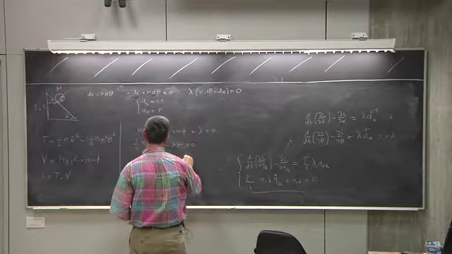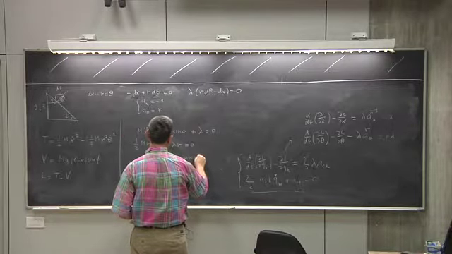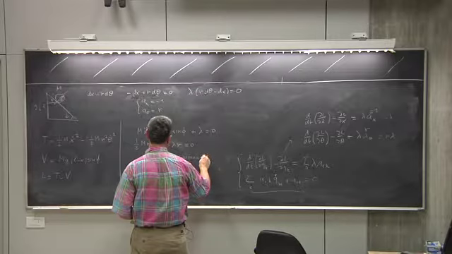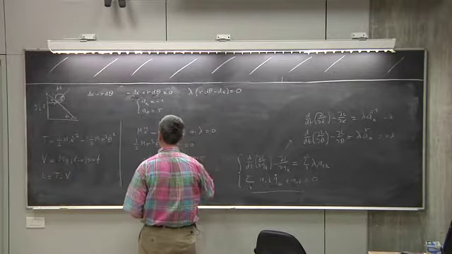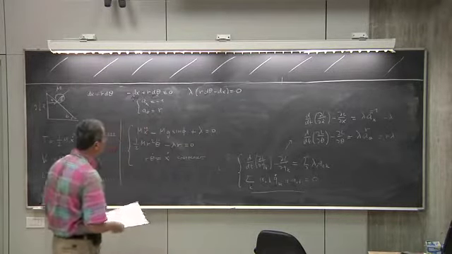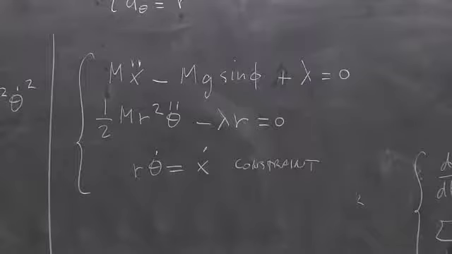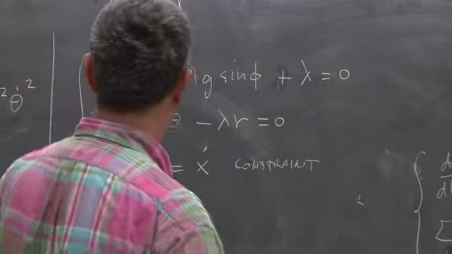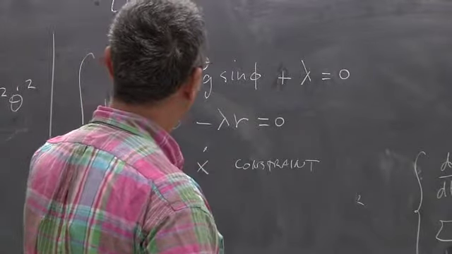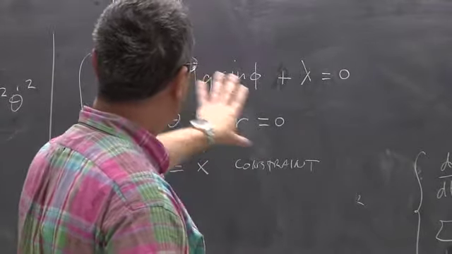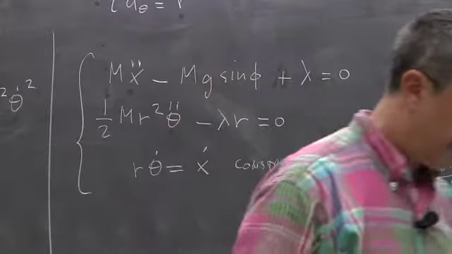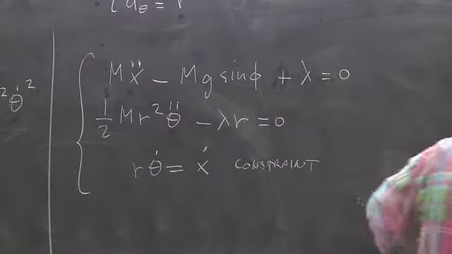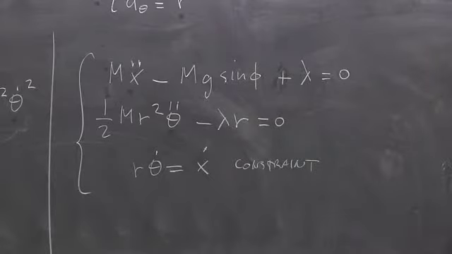This is the constraint. And now I can solve it because I have three equations. I have three unknowns, x, theta, and lambda, three equations. So I'm confident that, well, that is a well-posed problem at least. And I can try and solve it.